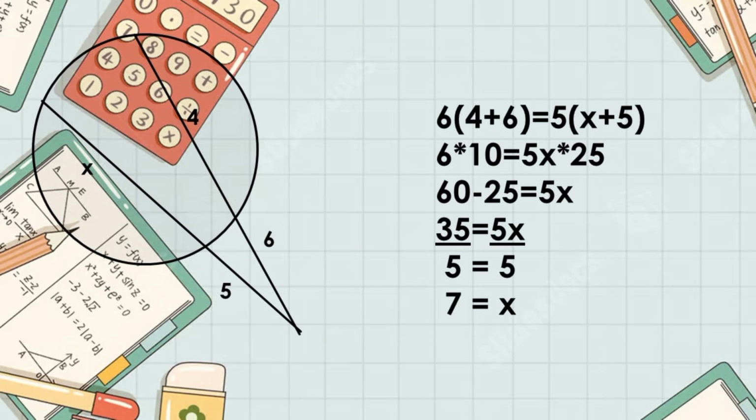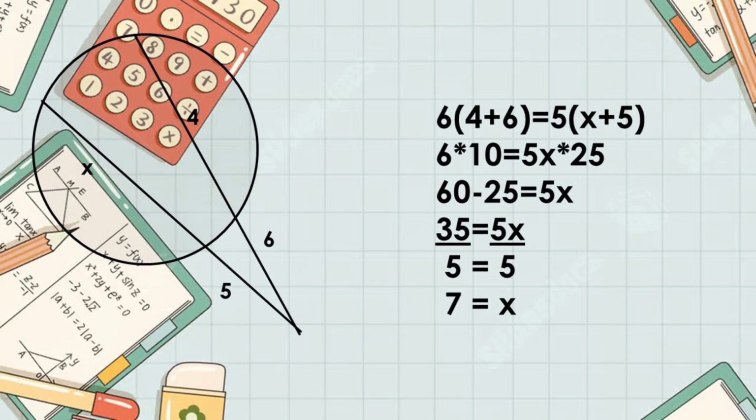So 5 is shared to the x and shared to the 5. 5 times x equals 5x. Then 5 times 5 equals 25. So 60 minus 25, because 5x has a variable. So 25 moves to the other side, and when numbers move to the other side, they change signs.